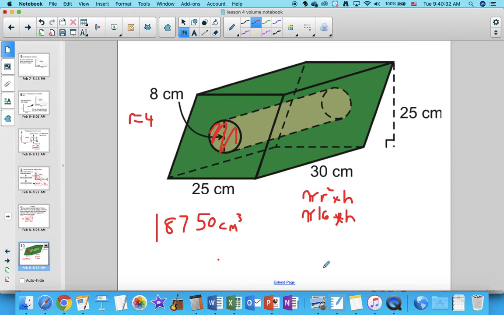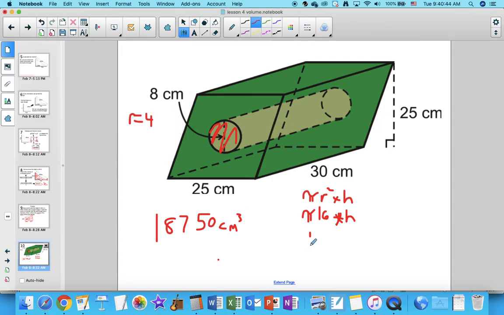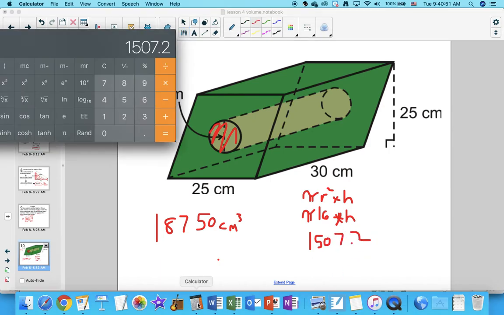Right? So I take that, and I go 16 times 3.14, right, times, well, the length is 30. 30 gives me 1507.2. All right?